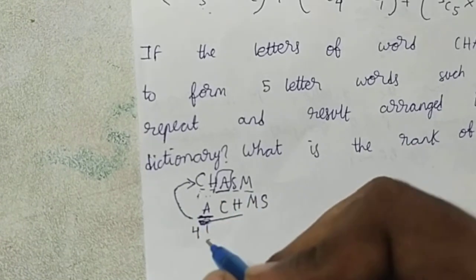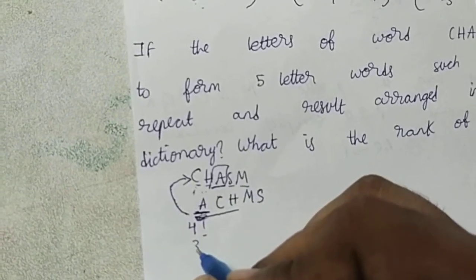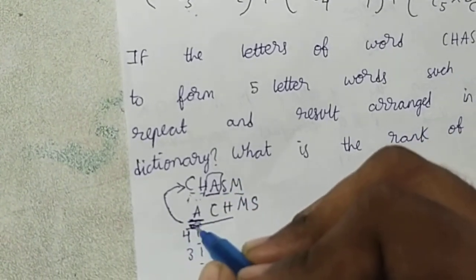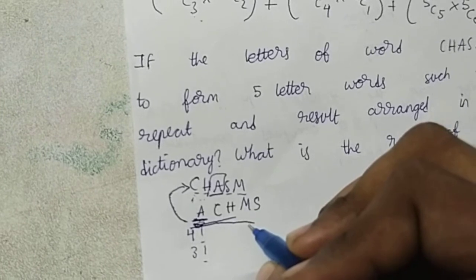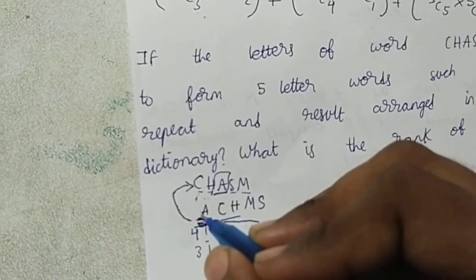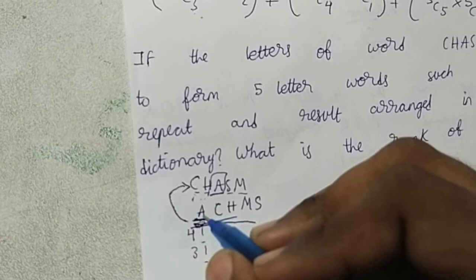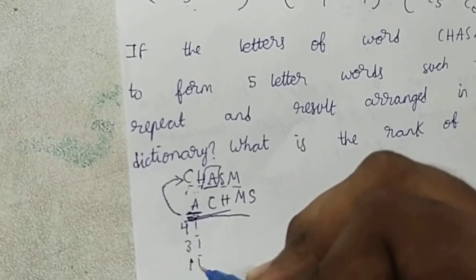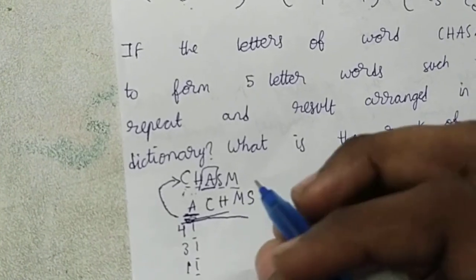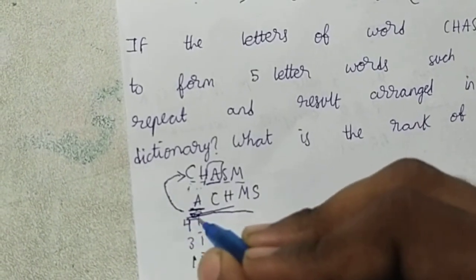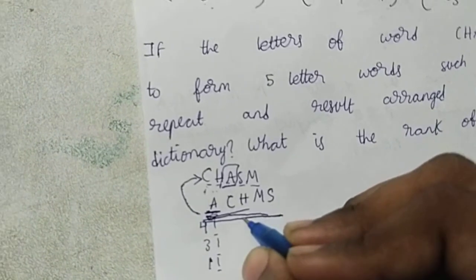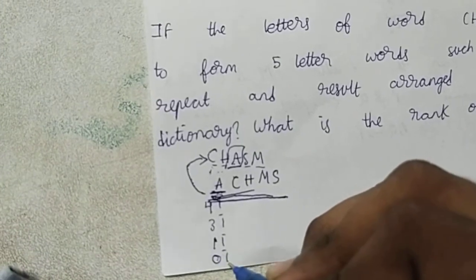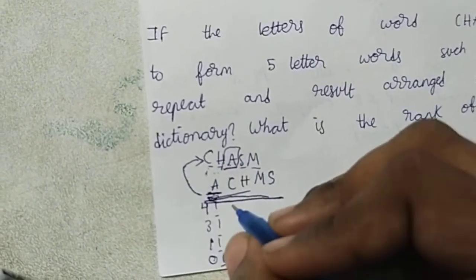There will be 3 alphabets left, so we take 3 factorial. After that we take 4 alphabets and compare the remaining with the word CHASM. We get 1 factorial, and then we compare the whole alphabetical order with the word CHASM. We get 0 factorial, meaning no letter is left.